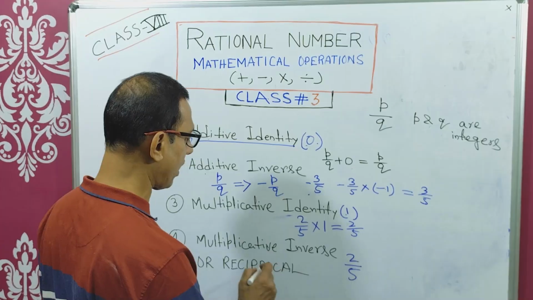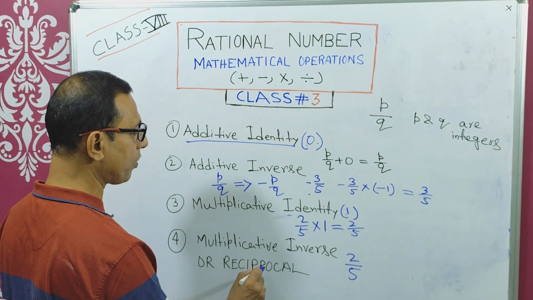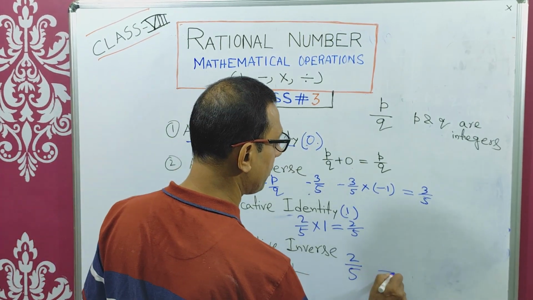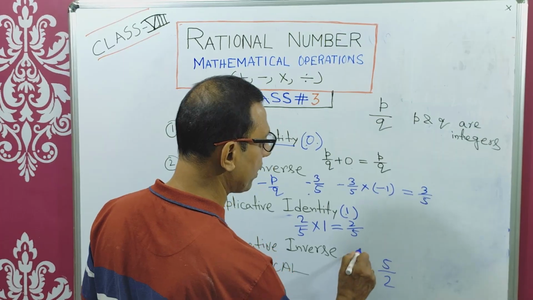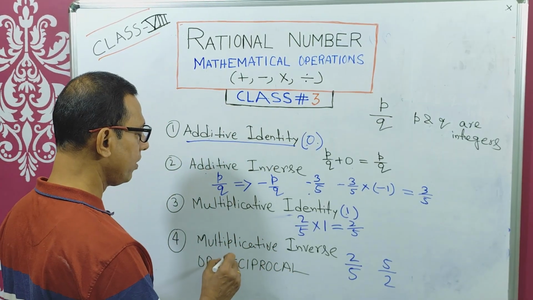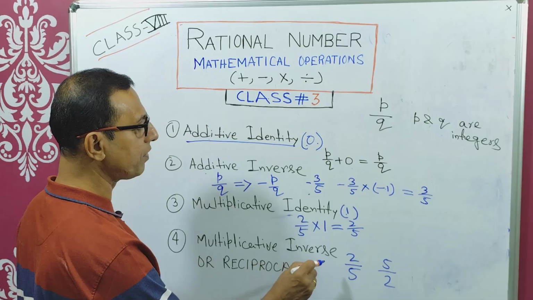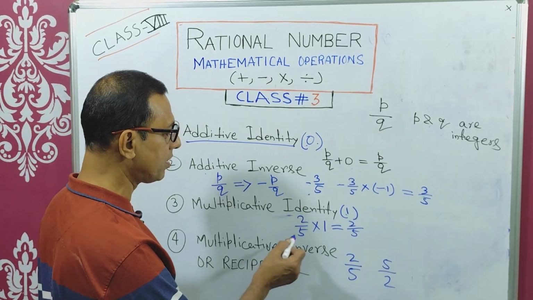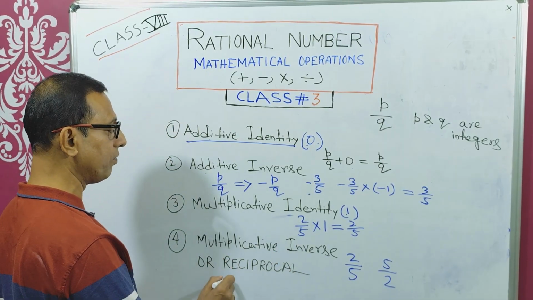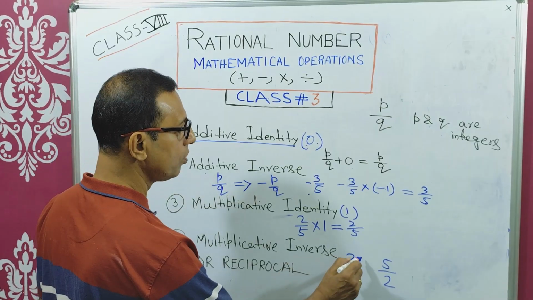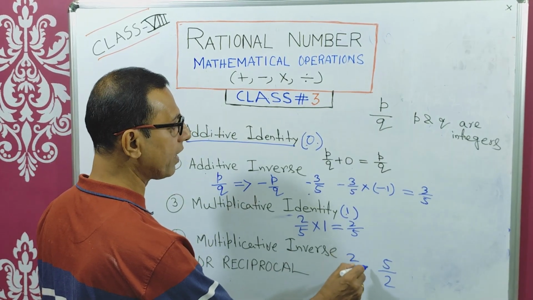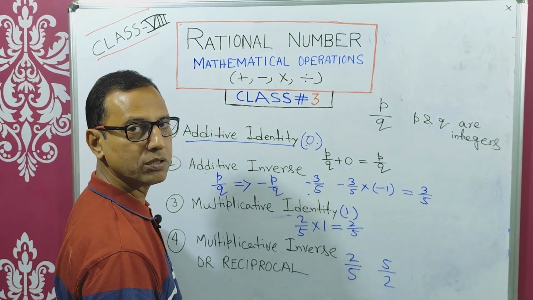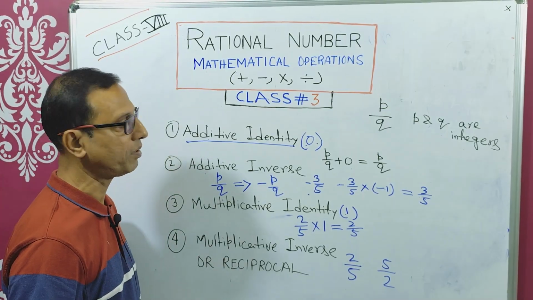If you are asked to find the reciprocal of 2 by 5, it is 5 by 2. So flip the numerator and denominator. If you are asked to find the multiplicative inverse, it is the same. Reciprocal or multiplicative inverse, these two are the same. So the multiplicative inverse of 2 by 5 is 5 by 2. Just flip the numerator and denominator.